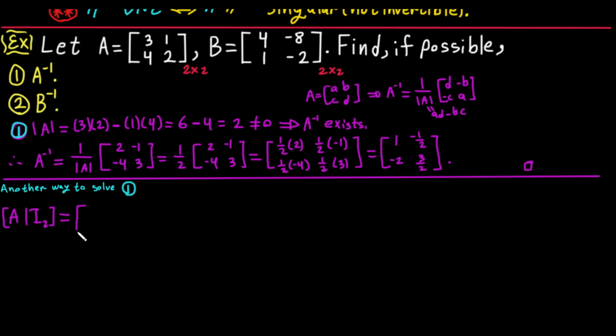So let's write A: 3 1 4 2, and here the line of the augmented matrix, and the identity 1 0 0 1.